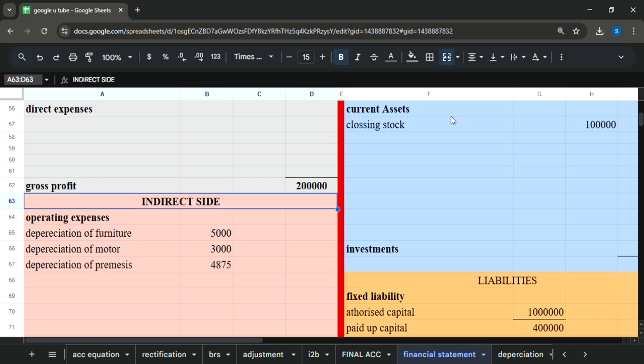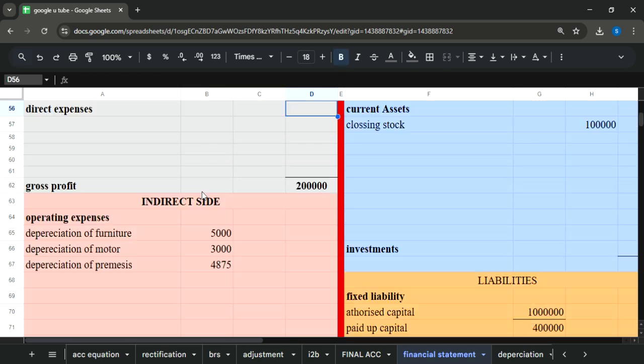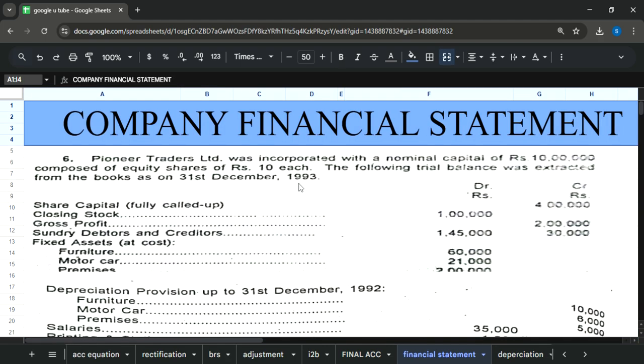Gross profit is already available. What does that mean? We do not need to put opening stock, purchases or closing stock. We do not need to put sales over here because the answer of gross profit is already available. Alright guys, now let's go further.